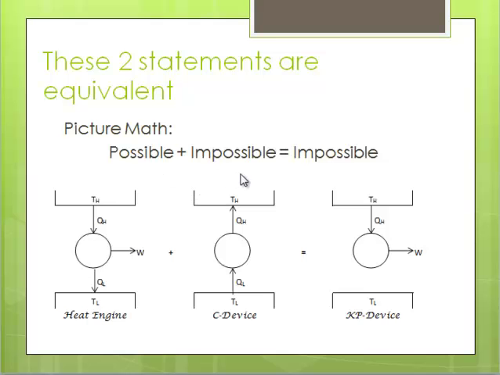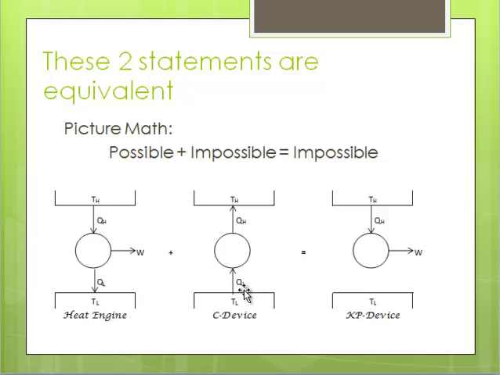So, possible plus impossible. This time I add a Clausius device. So I'm going to have heat going into the cycle that balances out QL, and heat out of the cycle that balances out QH. If I add these two together, my energy balance, or first law, says that the net Q is always going to equal my net work. If my net work is 0, then QL equals QH, right?